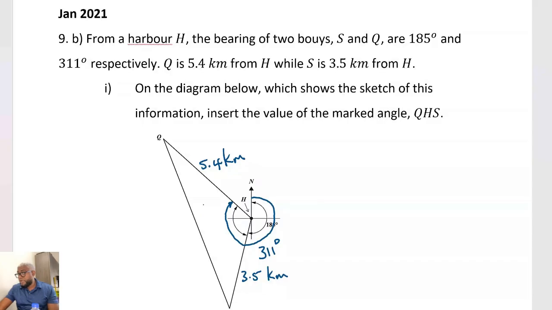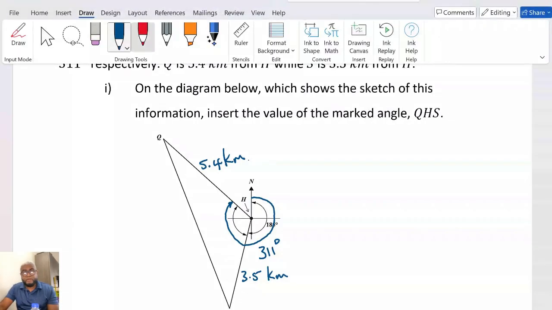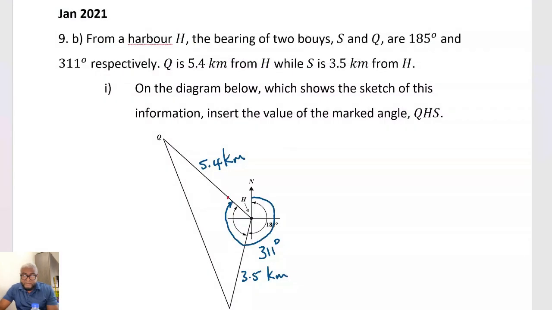So they want to know QHS. QHS would be this part of the angle. That red angle there is QHS.